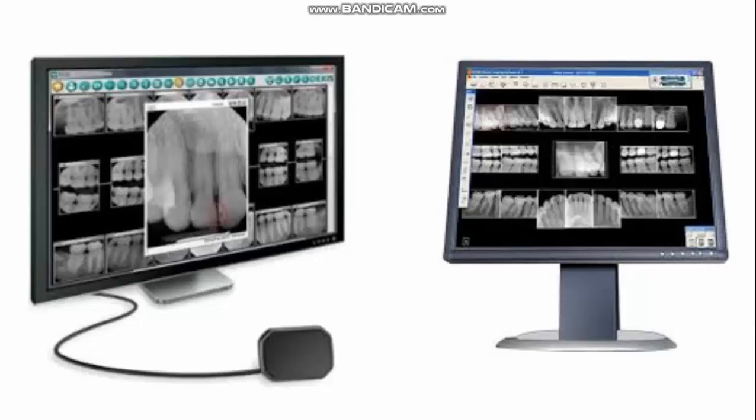X-rays can be superimposed with images taken earlier, so the patient can visually see the progress during treatment. With this powerful technology, the patient can visually see changes related to tooth movement, bone loss or growth, restoration, and other factors.